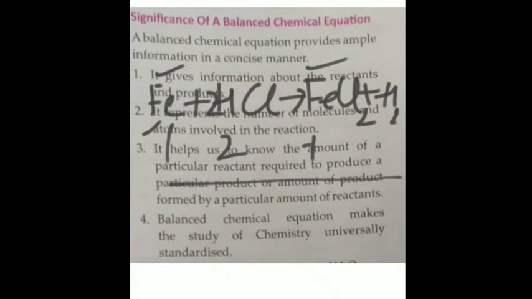We know from this. Is that clear? So it is universally accepted by all the countries of the world. It is not that this is the method or this is the chemical equation which is right over here and it is considered wrong at the rest of the places.